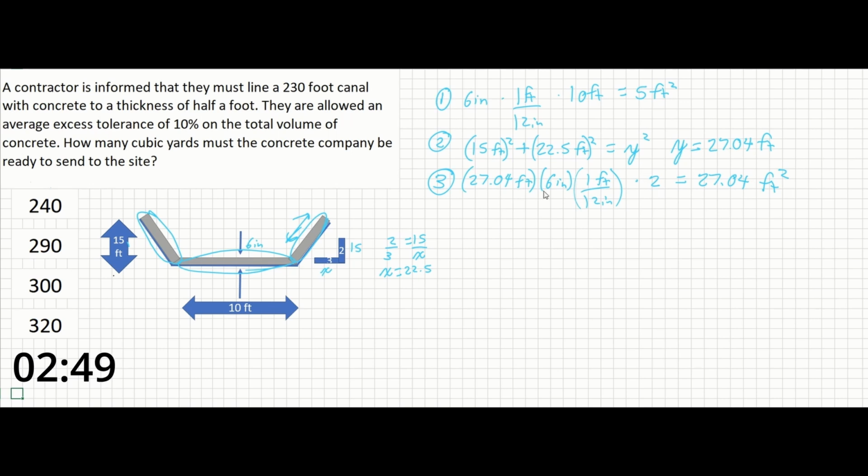If you're confused real quick why that number is the same, it's just because we have 6 over 12, which is half, and then we are multiplying by 2 again, so it just works out that way in this case.